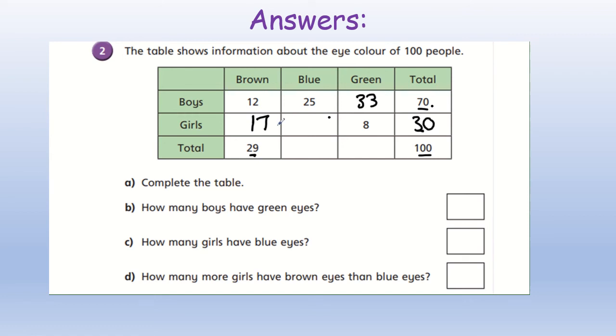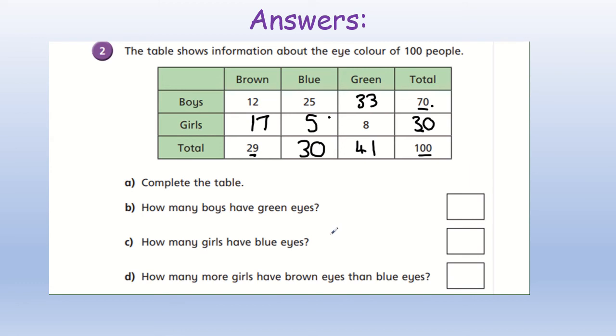If 17 had brown eyes, 8 had green eyes, and the total was 30, the difference is how many had blue eyes, which should be 5. And now we can work out the two missing totals quite easily. 25 add 5 gives us 30, and 33 add 8 gives us 41. Did you complete the table accurately?